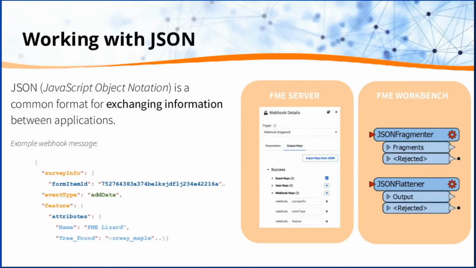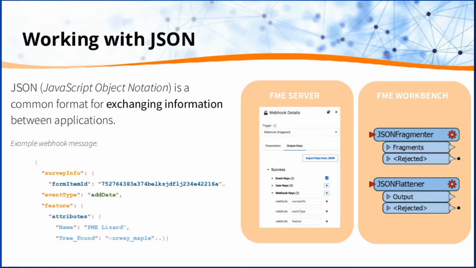So we just wanted to include a little primer on JSON in case you're not familiar with it, because we see a lot of it when we're working with webhooks or really any kind of web-based workflow. JSON is the most common data exchange format, and there's a little sample of it here. If you look past all of those brackets and colons and formatting, it's really just a dictionary that is describing the data.